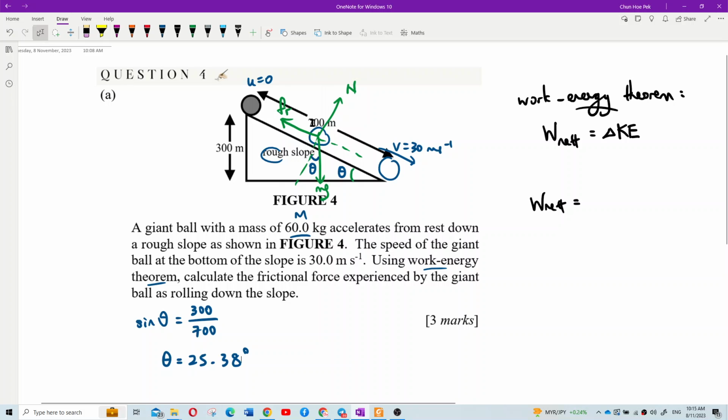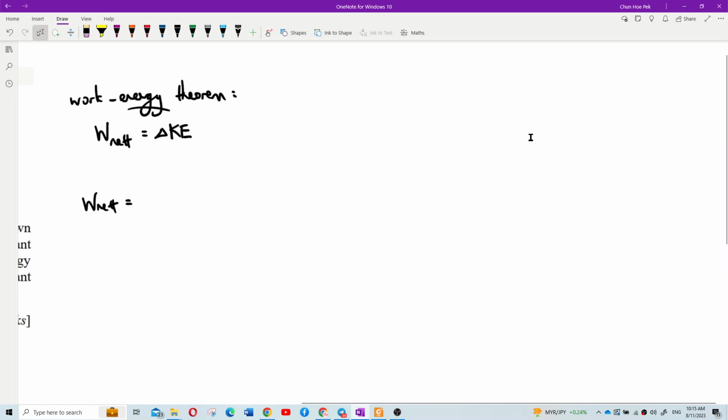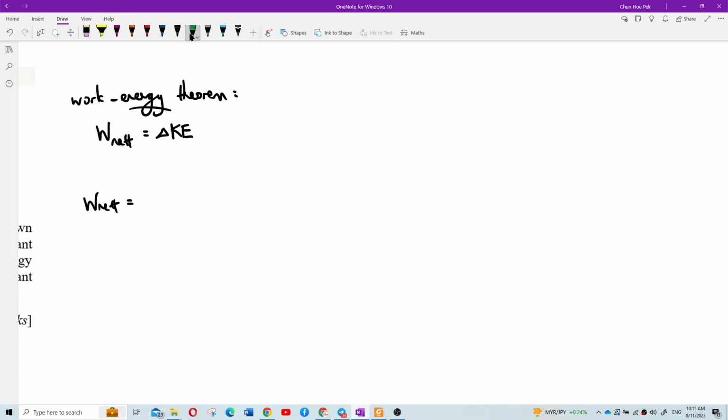Okay, class. Remember what I told you about free body diagram. In chapter 3 you learn about forces, so you must draw acceleration.